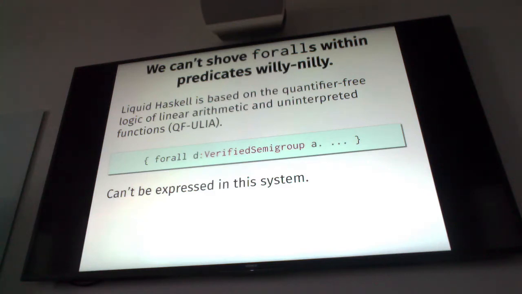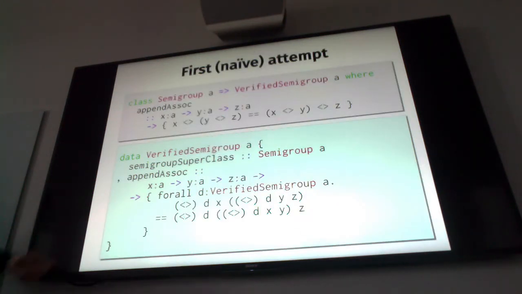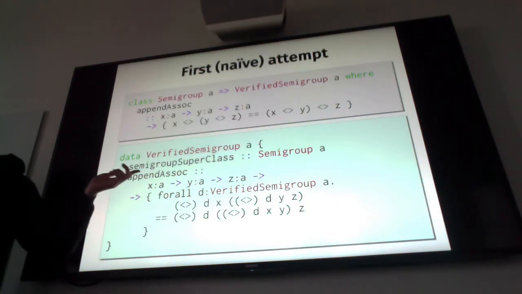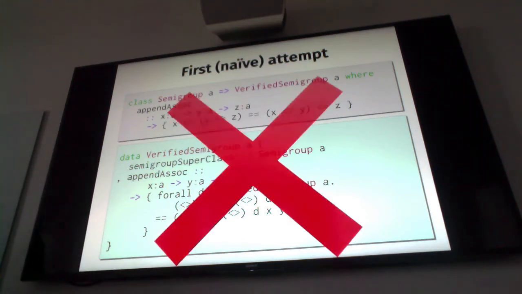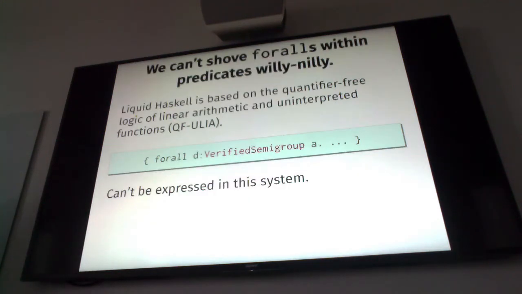Liquid Haskell works in a logic that is quantifier free. So trying to write for all D inside of a refinement type is just a no-go, because when we actually pass these refinement types into an SMT solver like Z3, we're not allowed to express these sorts of types because it doesn't have the level of quantification needed to express it.